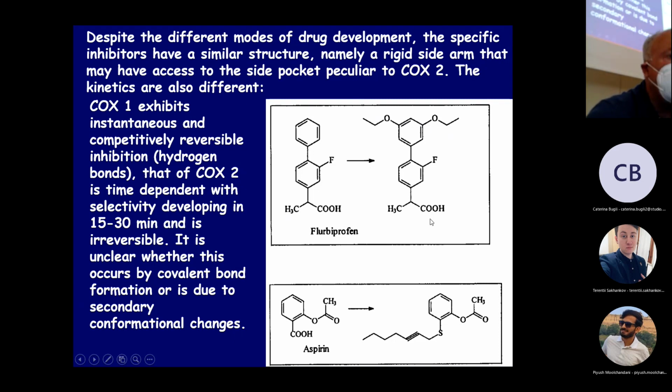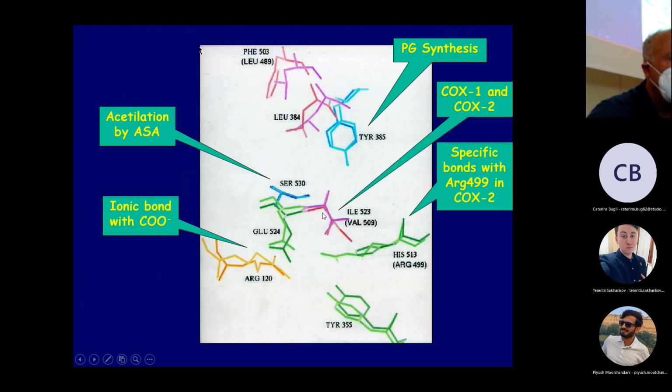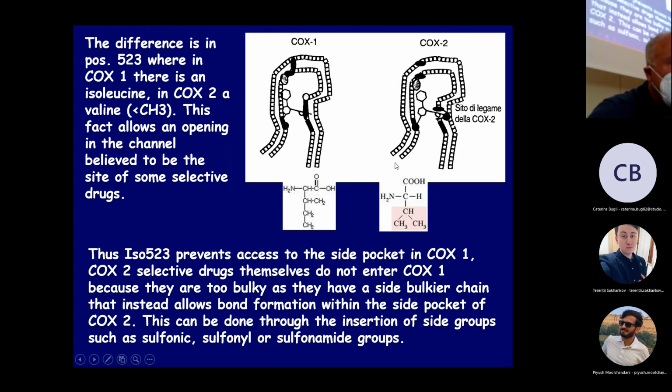Because you see the volume of this new derivative is bigger than the volume of flurbiprofen, and this bigger structure is not able to enter in COX-1 because there is no the side pocket.